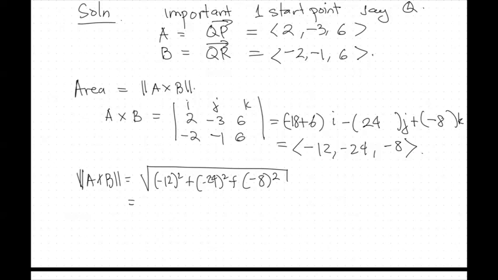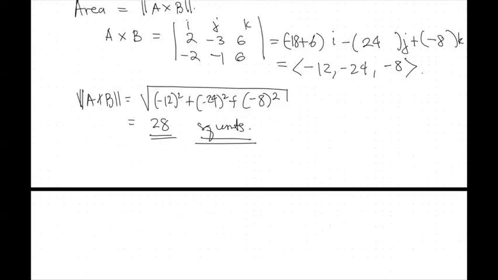Of course, I remind you that if you are finding it hard to compute, you can leave it like this. This is 28 square units. Sometimes I'm not so strict regarding square units; they are unitless, so square of some units.